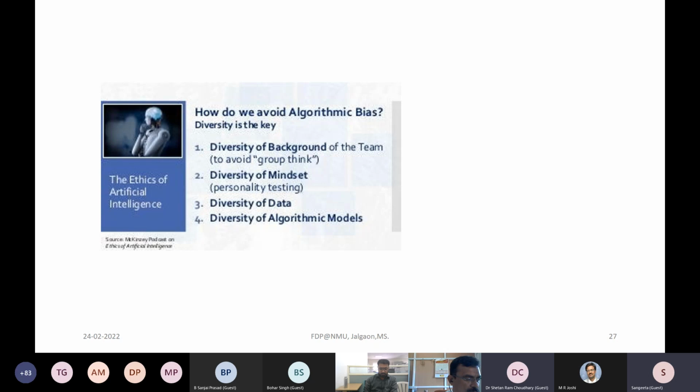If similar people are there, how will you get diversity? Same thing, diversity of mindset. Personalities should all be different. Only then diversity of data and algorithmic models. All of these together, you can avoid algorithmic bias. So basically, algorithms are not biased. Humans are biased, correct? Because they are designing the algorithms.